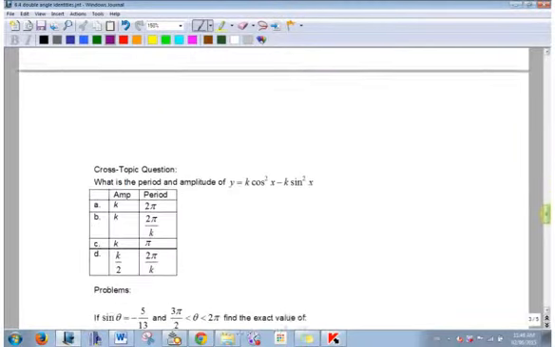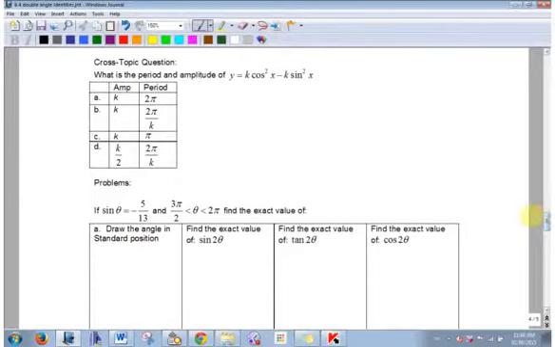Okay, last one, and I'll do something different. What's the period and amplitude of that? Well, let me write the identity right here. Cosine 2 theta is cosine squared theta minus sine squared theta. Okay?